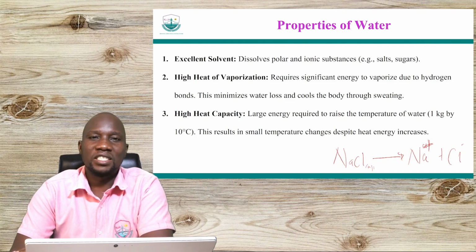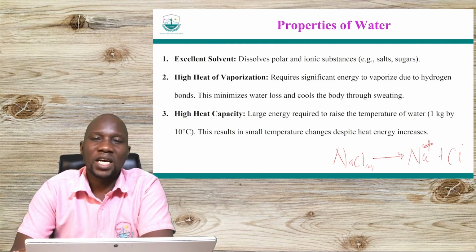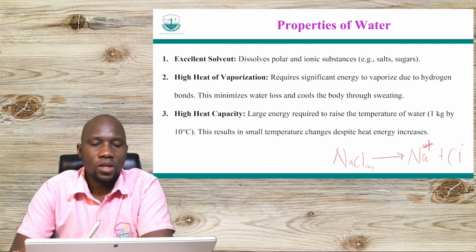But since the heat of vaporization is very high, you do not have an organism losing water very fast. So those are the importances of having a high heat of vaporization.